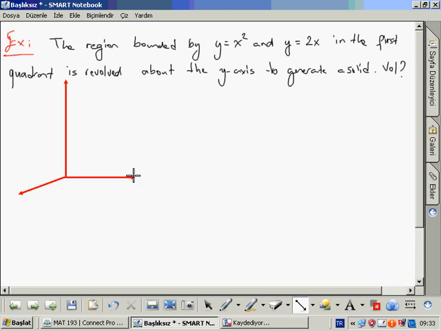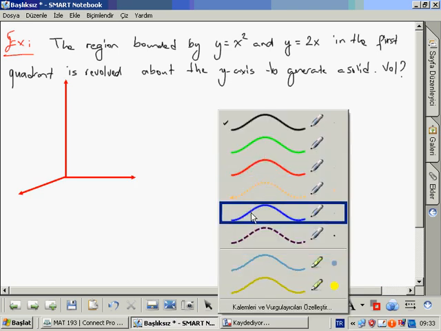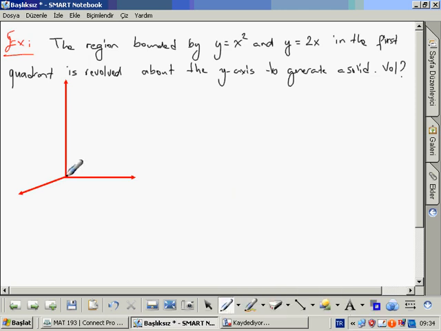This is y equals x squared. This is y equals 2x.